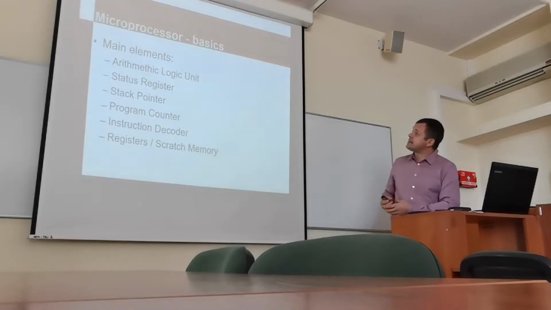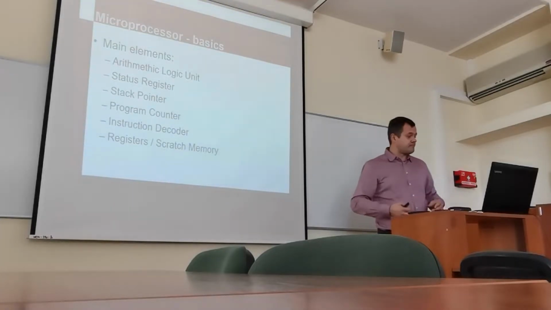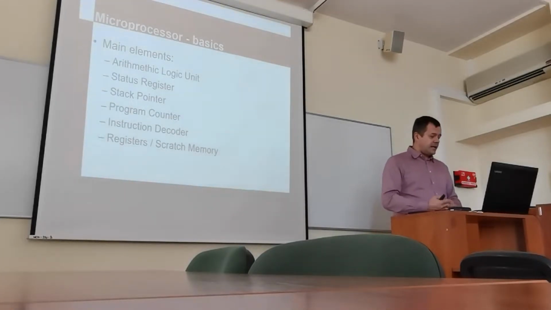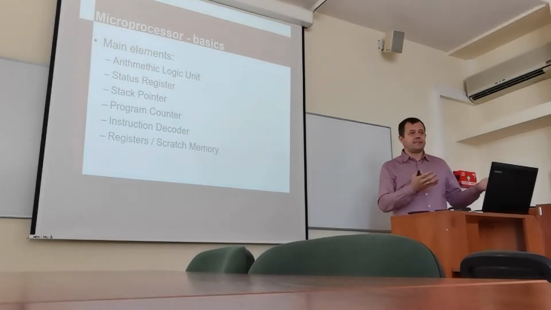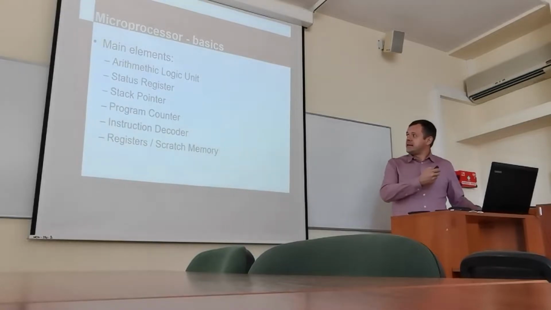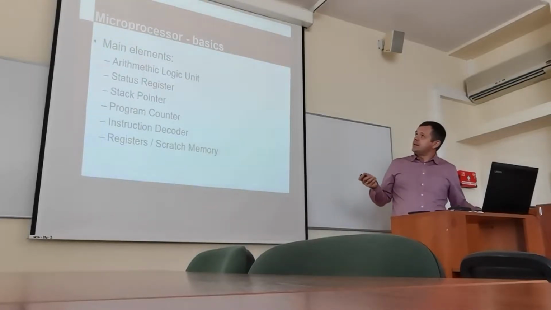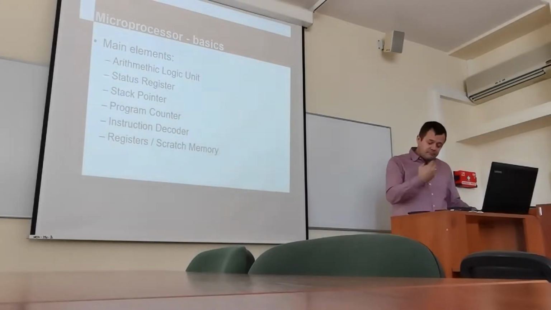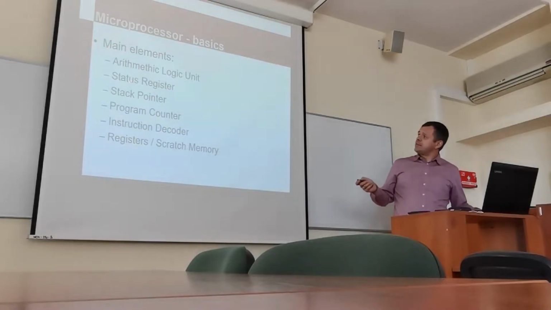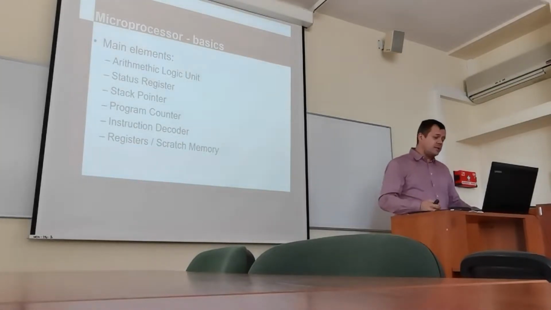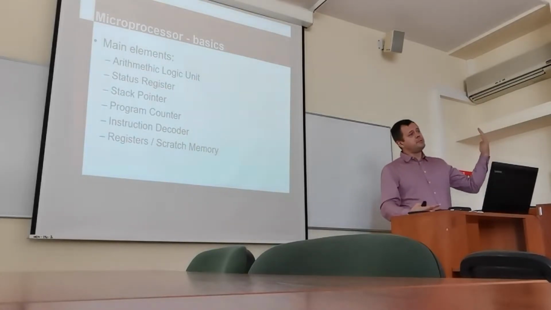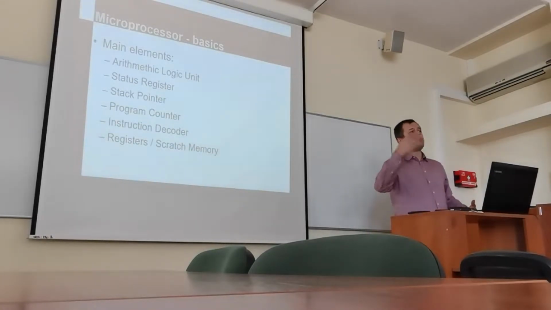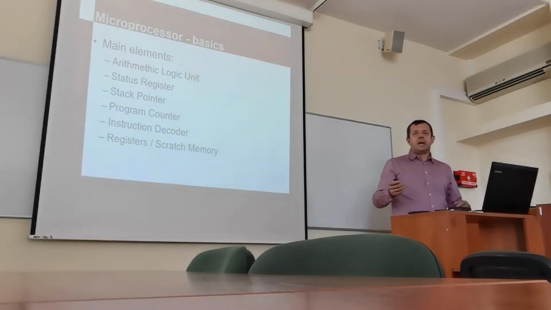Main elements of the microprocessor, everything is working around the data path. It's a data path because we talk about FSMD as the ancestor of the simpler step of the CPU. So the arithmetic logic unit is this data path, that has inputs of data stream and outputs a data stream.